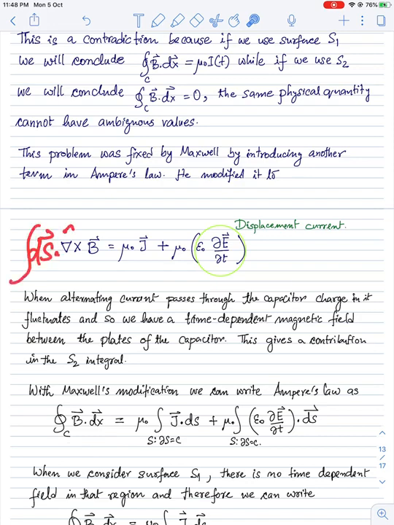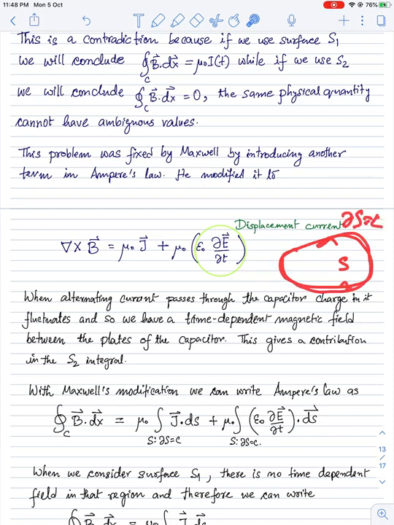Now if you have this term, and if we integrate it over, let's say, a surface S which has a boundary C, then by Stokes theorem this becomes the line integral of the magnetic field over the boundary C. Again, this is some surface S and this is some C, del S equal to C, that is what it is.